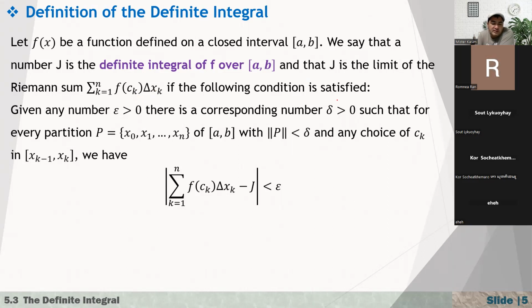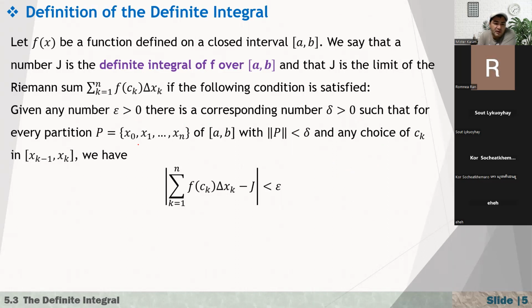So what is this condition? It is the definition of a limit. Given any positive epsilon, there is a corresponding positive delta. If you remember, it's exactly the definition of a limit: the limit of f of x as x approaches a is equal to L if, given any positive epsilon, there is a corresponding positive delta.